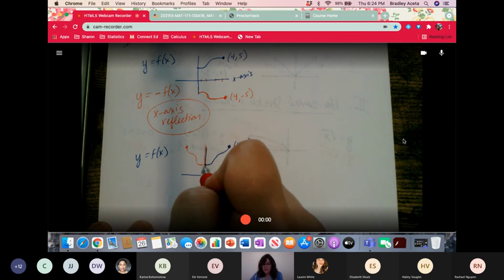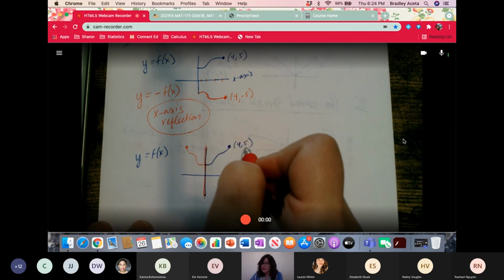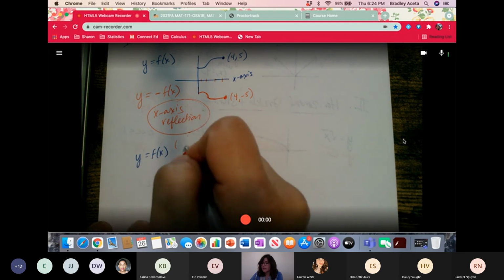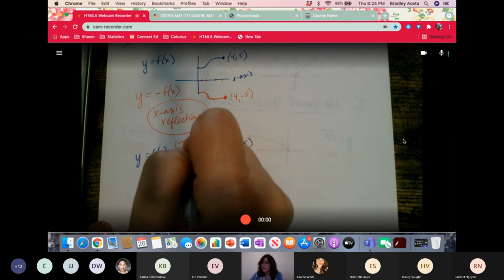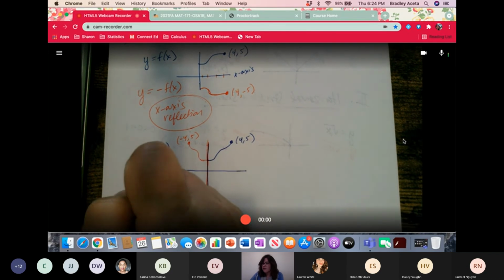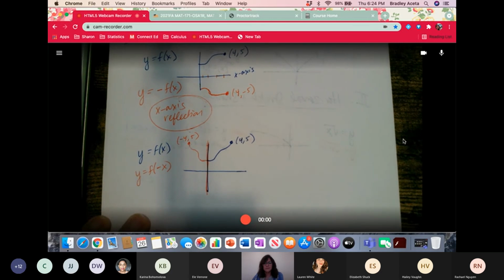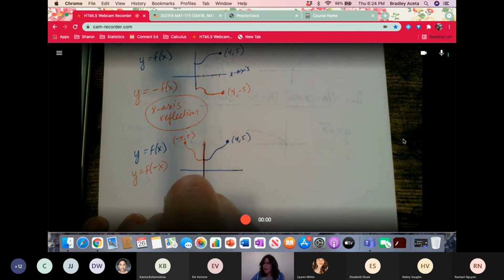Well, again, let's see. If I count up, my y value would stay the same this time, but my x value would now be -4, +5. My x value would change. So that means that negative would then be inside the parent. And this would be a y-axis reflection.